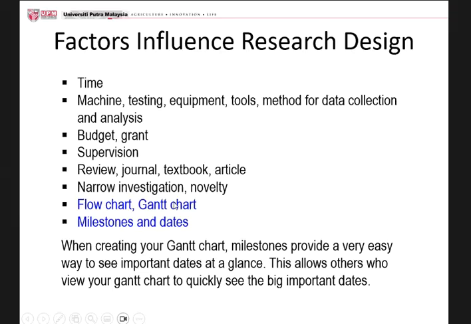Flowchart, Gantt chart. Why do the flowchart, Gantt chart, milestones and dates influence decisions? This is important for many projects: you have to have a flowchart and Gantt chart, because you will see where your progress is. You say that you want to finish in 2 years, but up until 3 semesters you are at 10%.